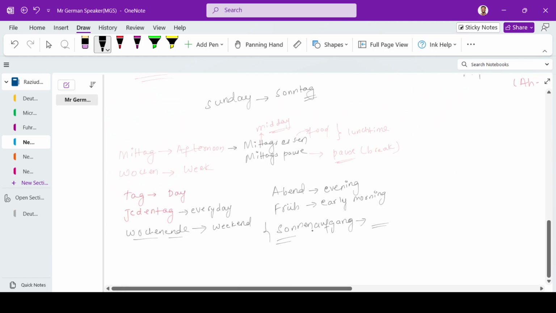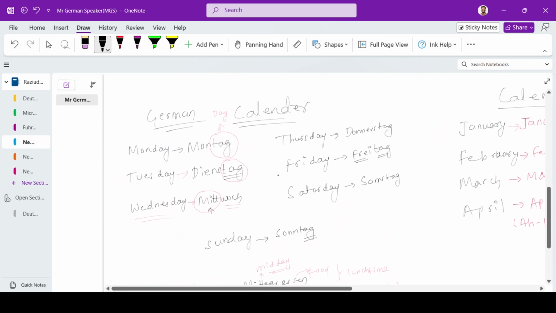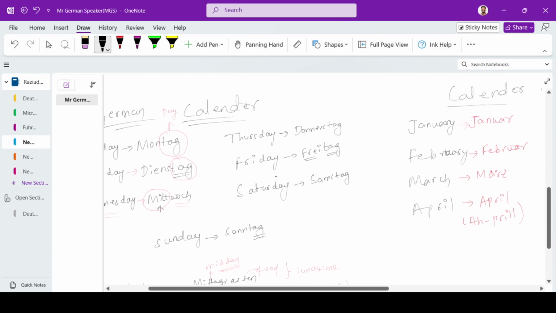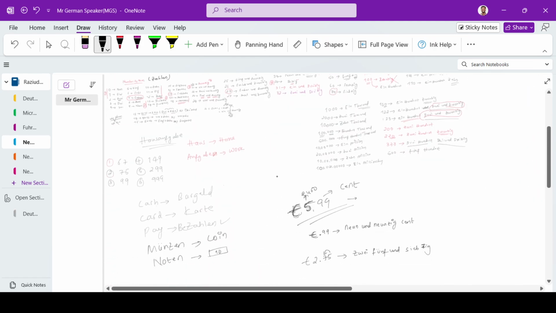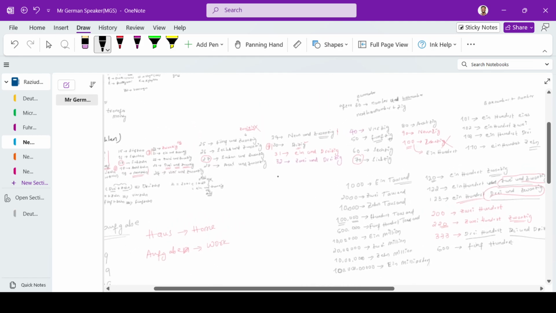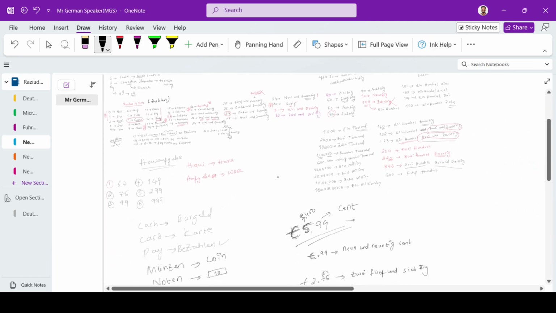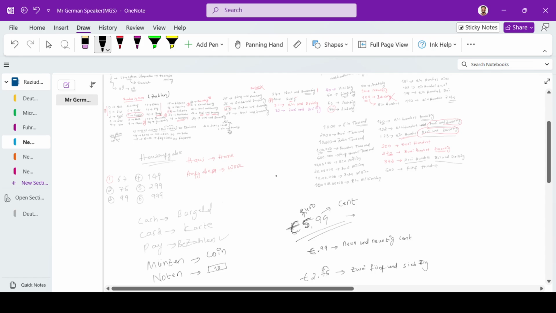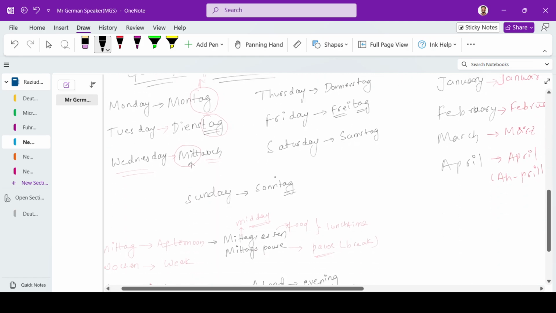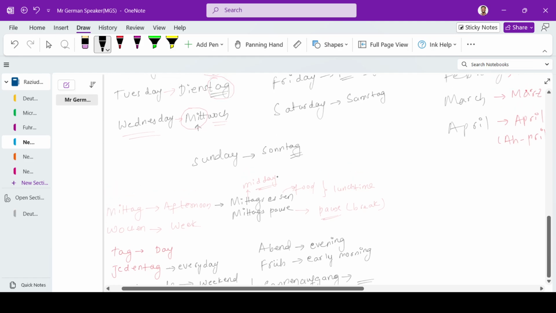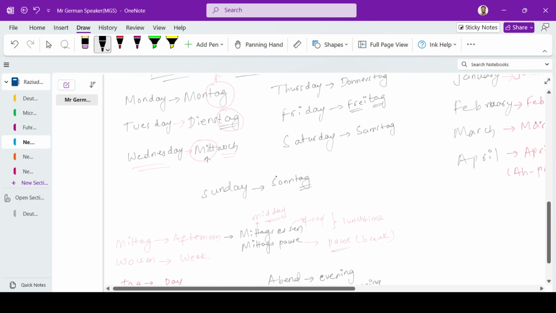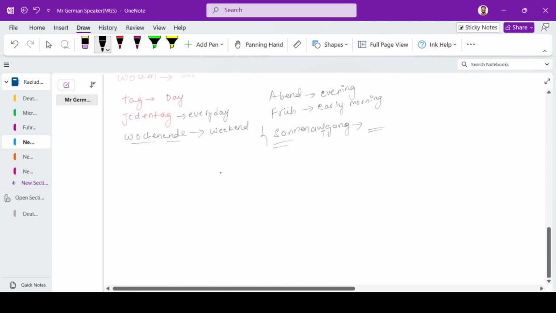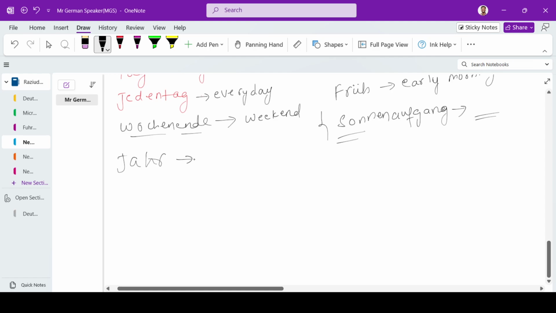Okay. So this is what we covered about the days, weeks, calendar months, number system in German language. It's very interesting. I would like to see you all doing a lot of practice, and please complete the homework. And if you know some new words related to the days, weeks, calendar, year, month, right? We call year Jahr. Jahr is like year.